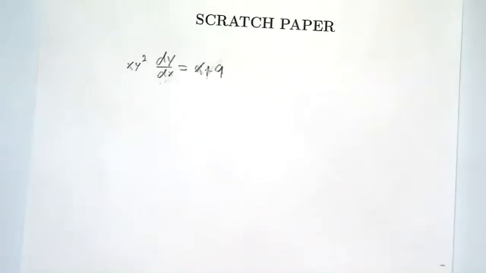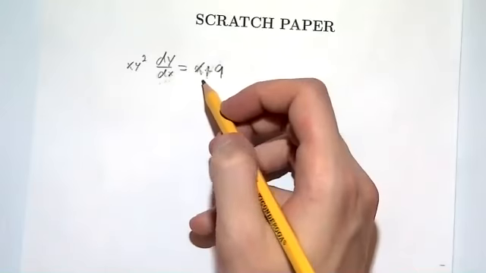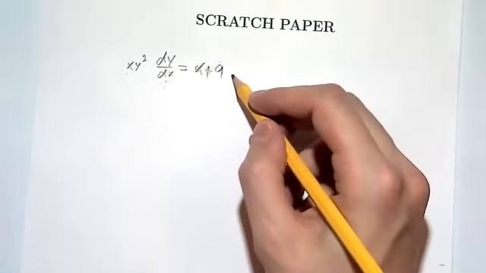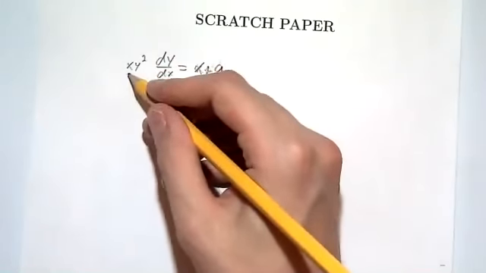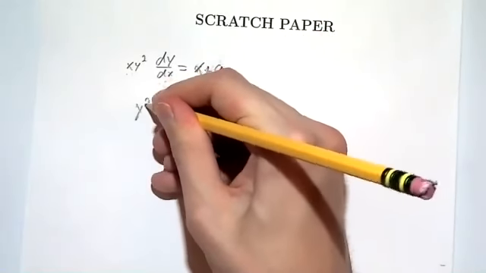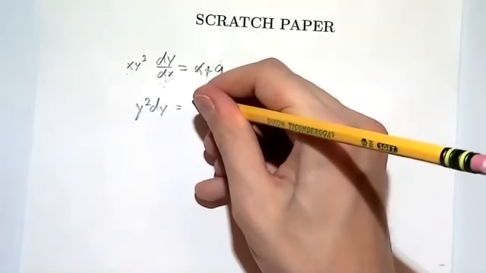For this, we need to get all of our x terms on the same side, and then get our y terms on the same side. Luckily, our y is already together, and then our x's, we have this and this. We want to get our dx over here anyway, so we divide by x, and then multiply by dx. So we get y squared dy is equal to (x plus 9) over x dx.